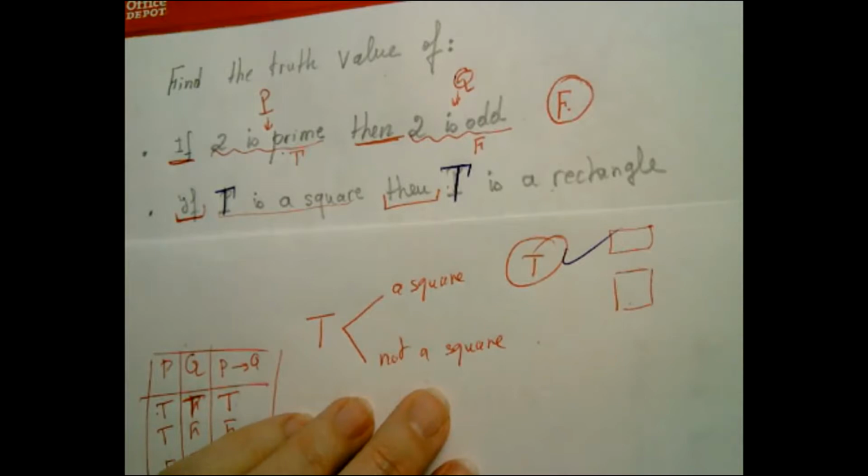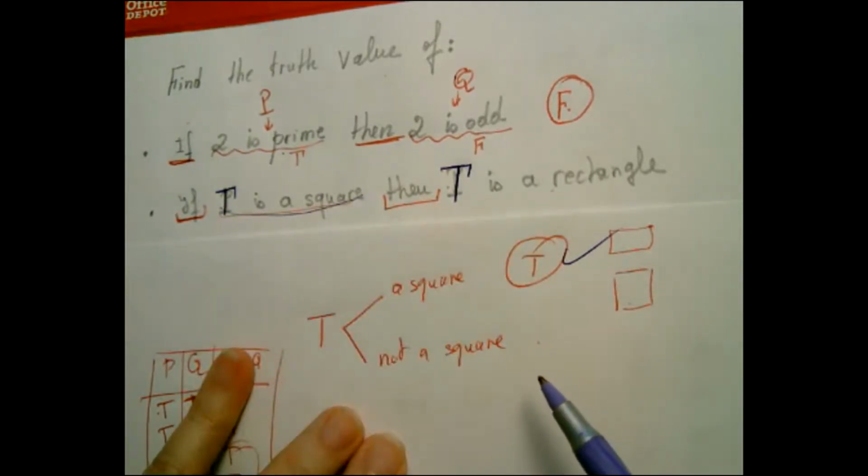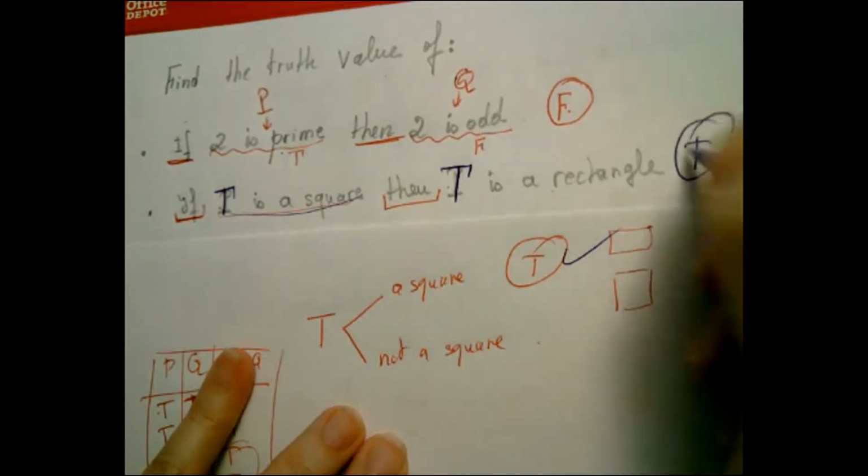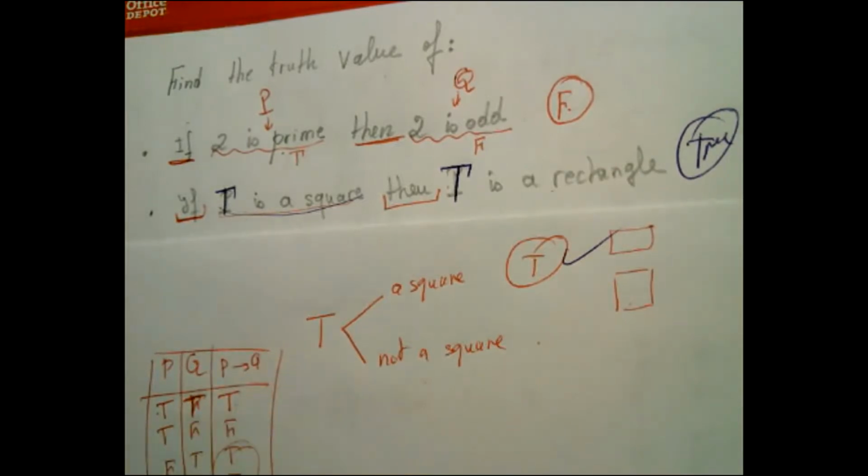If T is not a square, it means my premise is false, but then I don't care about the conclusion. It is always true.